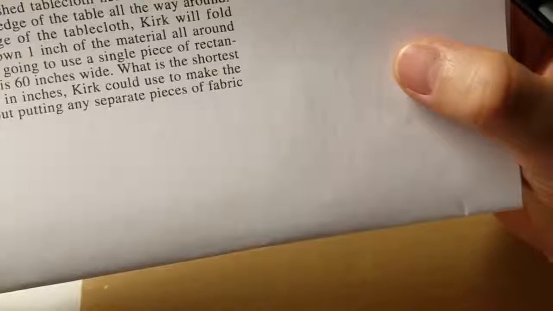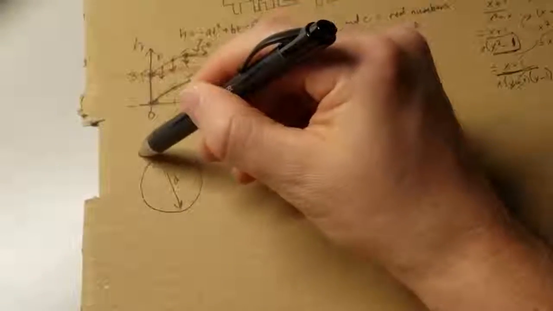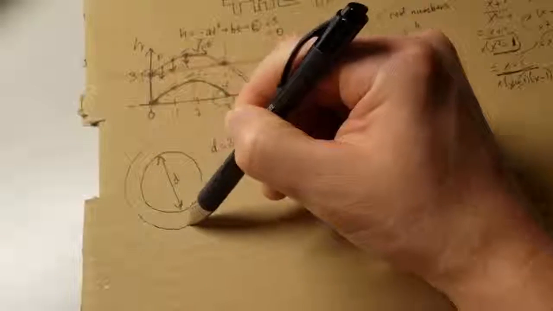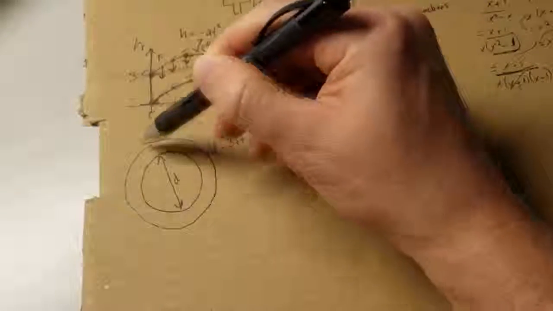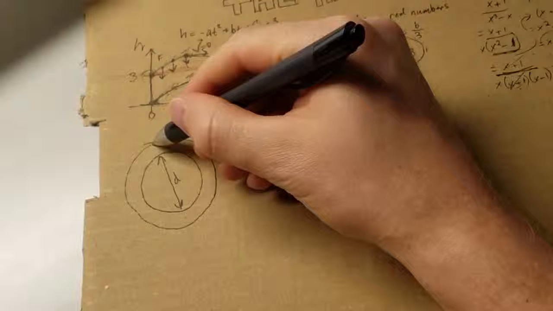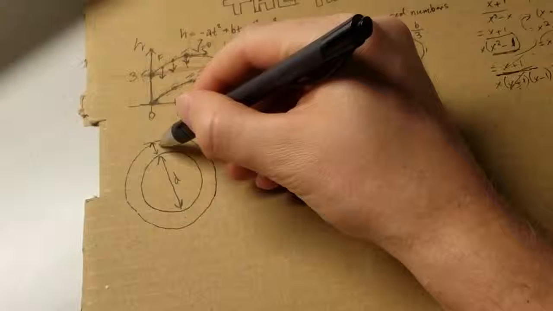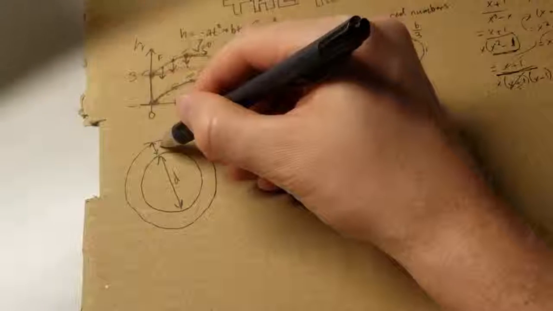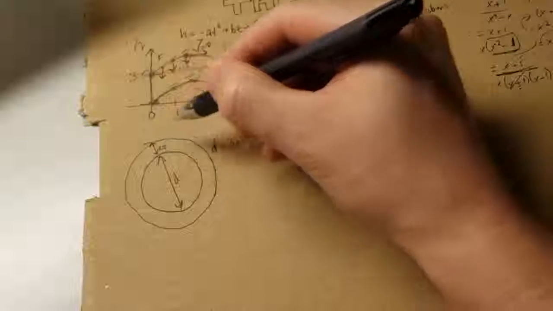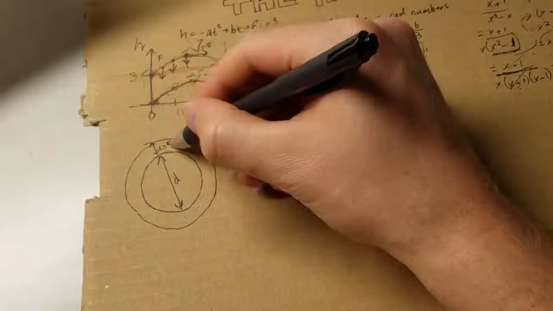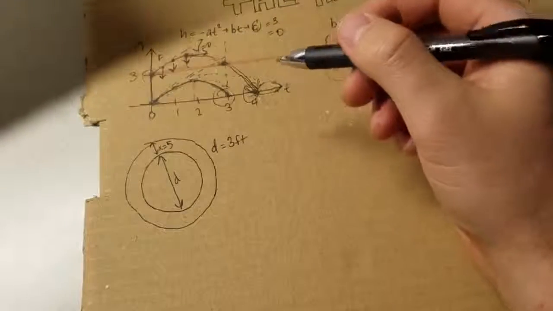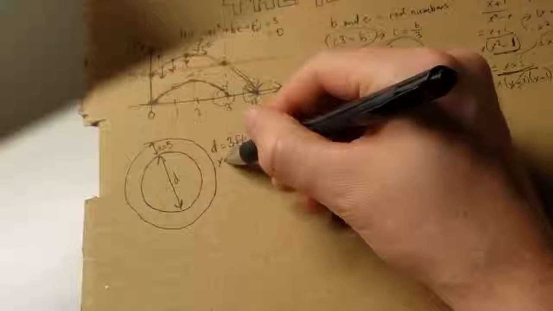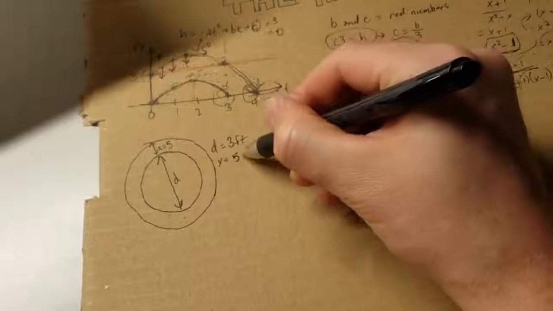So I would immediately draw a bigger circle, and 5 inches would be, I don't know, extra. We'll call that 5. So x equals 5 inches.